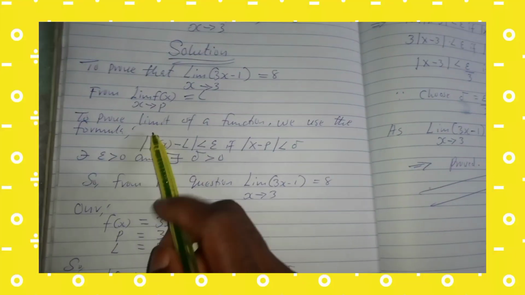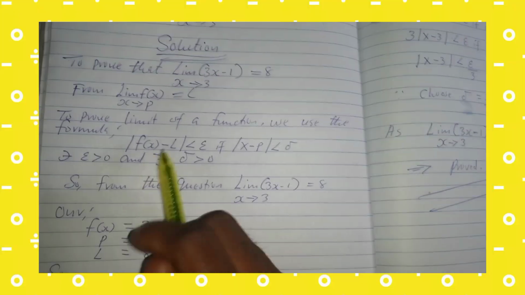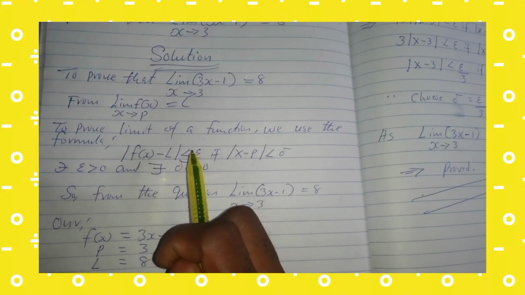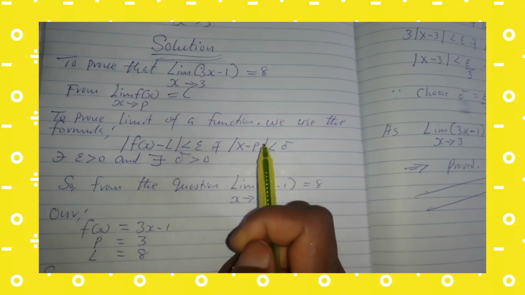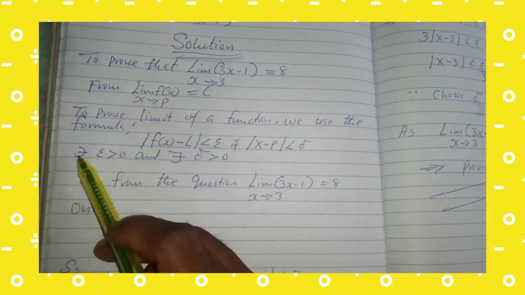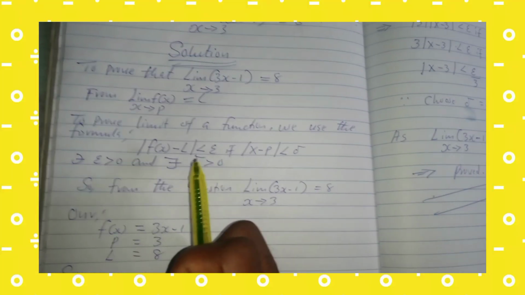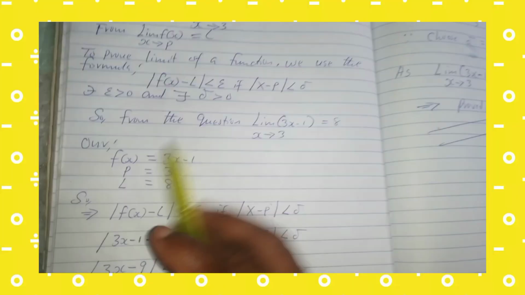So take note, this is the particular formula to use in proving the limit of a function: the magnitude of f of x minus n is less than epsilon if the magnitude of x minus p is less than delta, such that epsilon is greater than 0 and there exists delta greater than 0 also. So let's go into it.